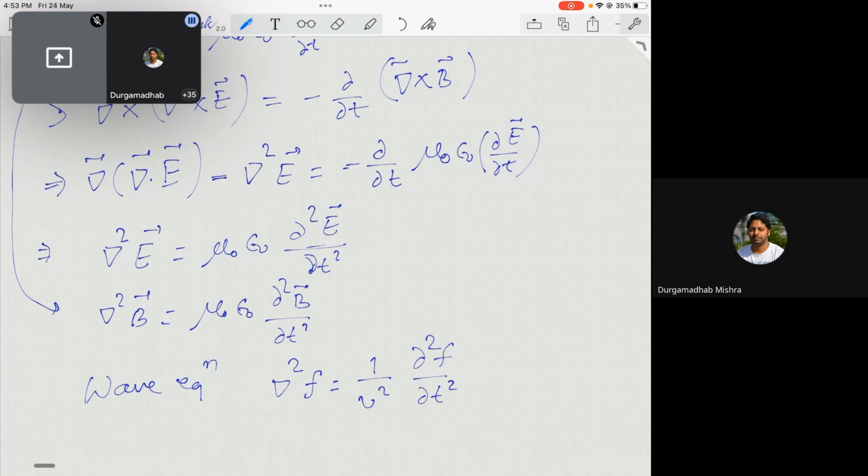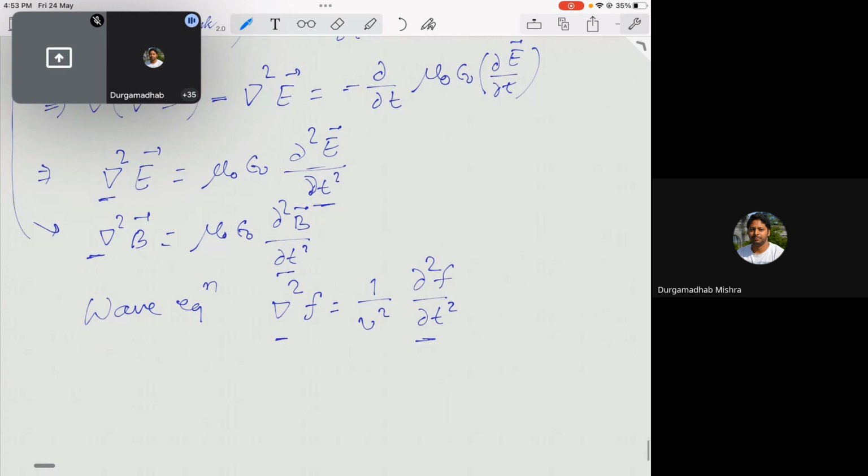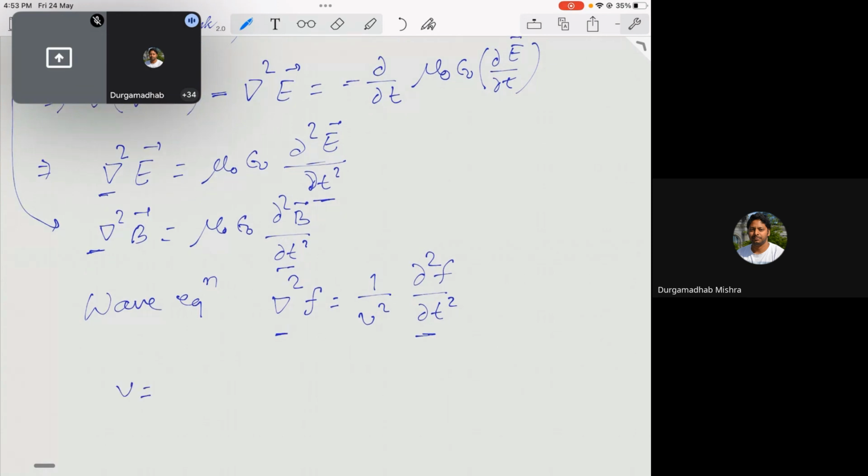On one side you have a space derivative, del square, and on the right hand side you have a time derivative. So this basically describes a wave which is moving at a velocity v.